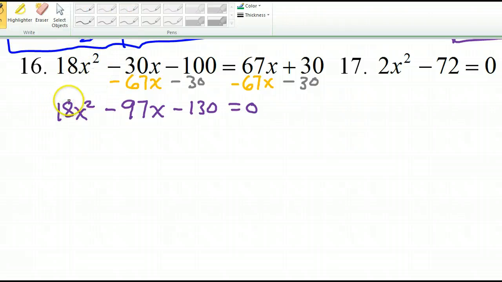Looking at the 18, the possibilities are it's either going to be 3 times 6, or 2 times 9, or 1 times 18. Those are the 3 ways of getting 18. Now, I'm hoping it's just going to be 13 times 10, or 10 times 13.